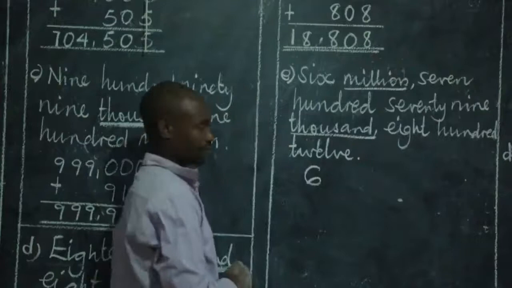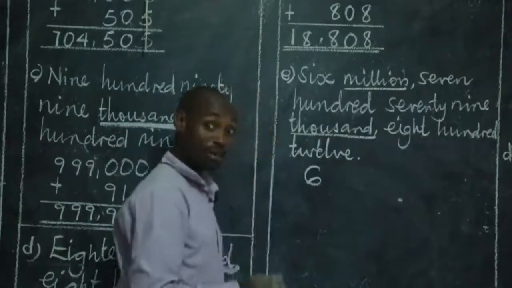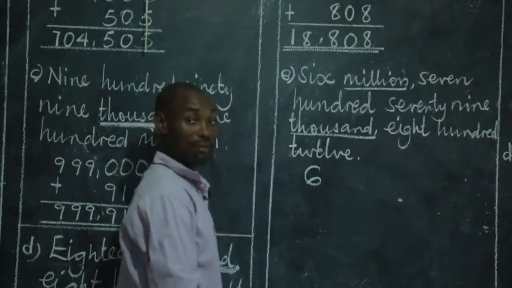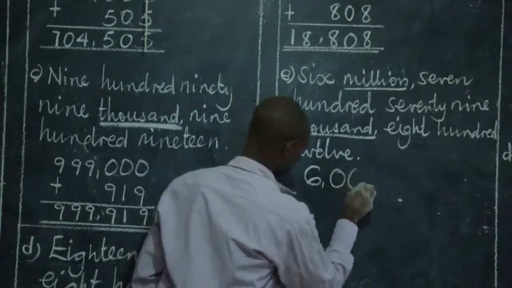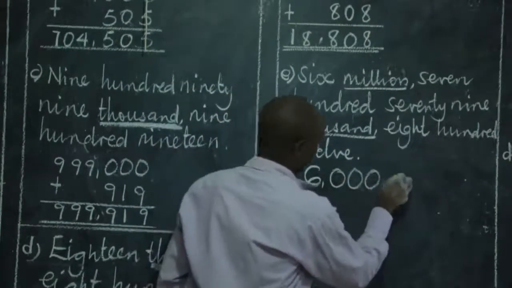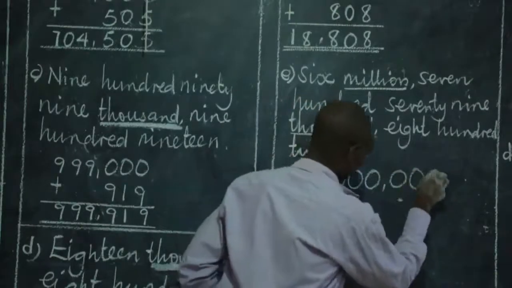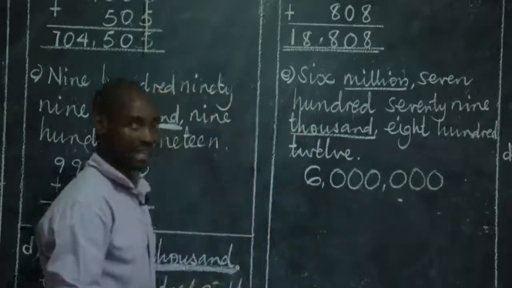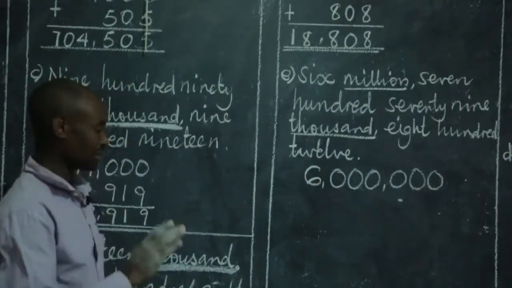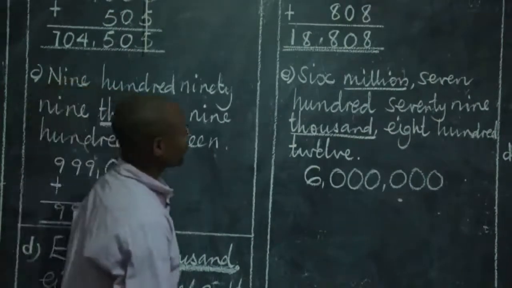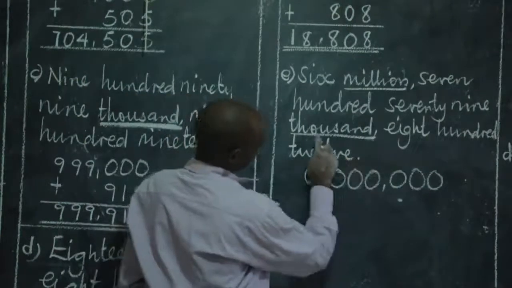Then a million. How many zeros has a million? A million has 6 zeros. So we have 1, 2, 3, 4, 5, 6. I've told you a million has 6 zeros. 1,000 has 3 zeros. You must master that. Okay? What about in thousands?